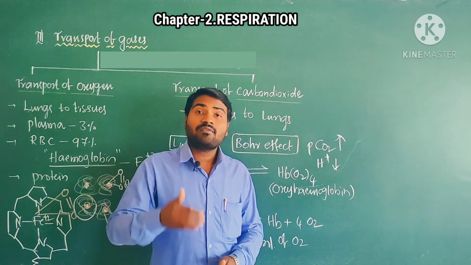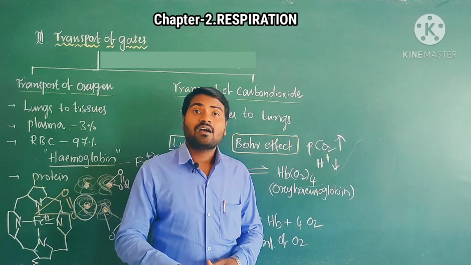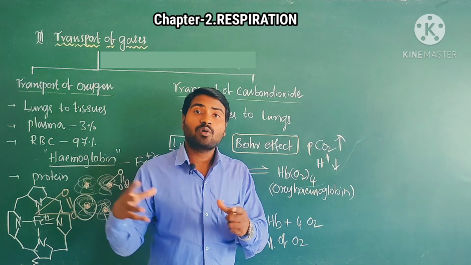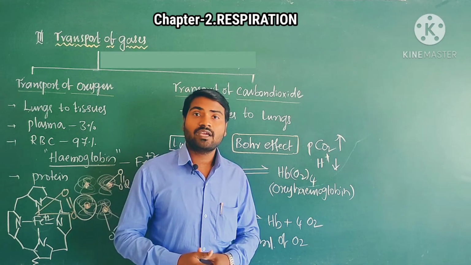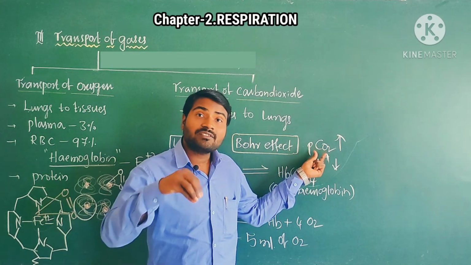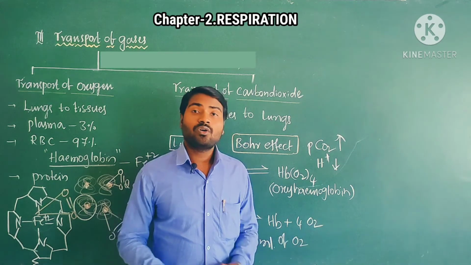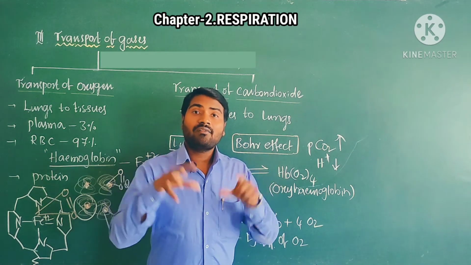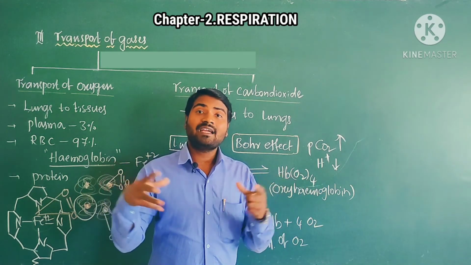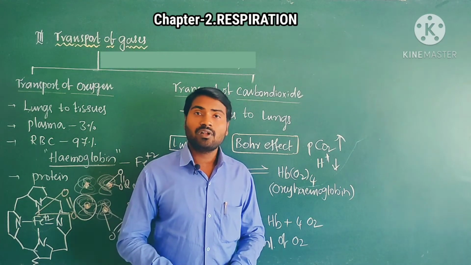If partial pressure of carbon dioxide is high, a very small amount of hemoglobin binds with oxygen. Also the opposite takes place. If partial pressure of carbon dioxide is very low and hydrogen ion concentration is high, that also will not support the binding of oxygen with hemoglobin. That effect is called Bohr effect.